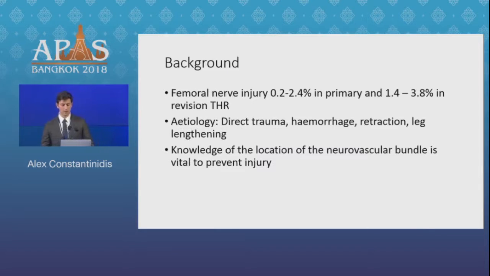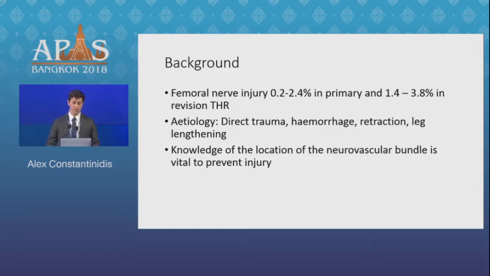So the background to this: the femoral nerve is injured in 0.2 to 2.4% of primary total hip replacements, and this statistic increases to 1.4 to 3.8% in the revision setting. The etiology of this is from direct trauma, hemorrhage, retraction and leg lengthening.